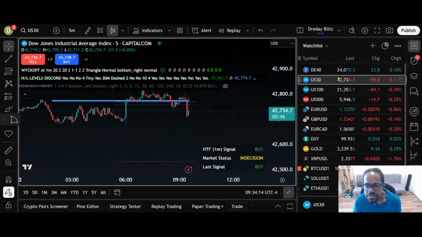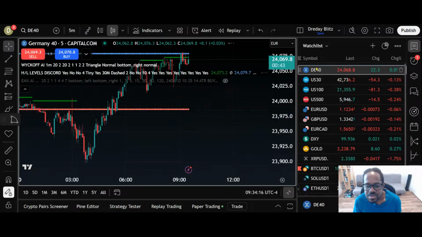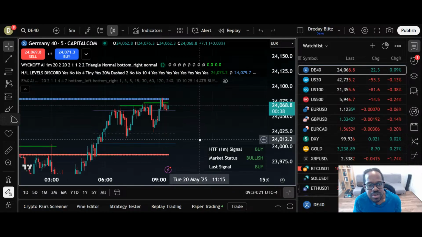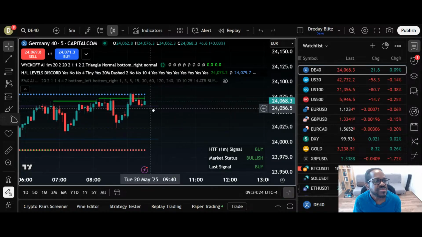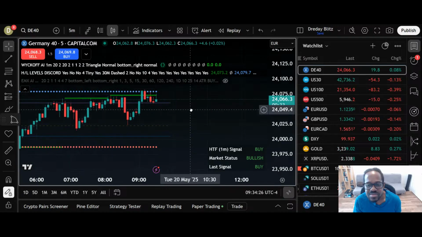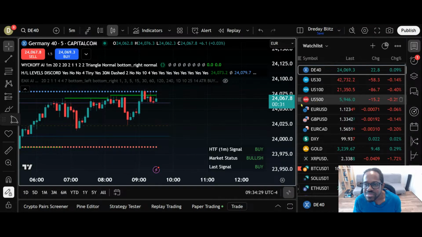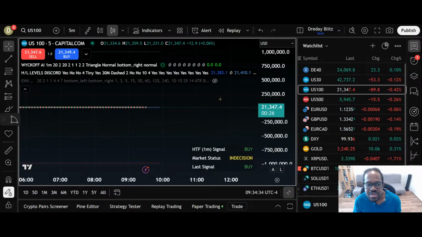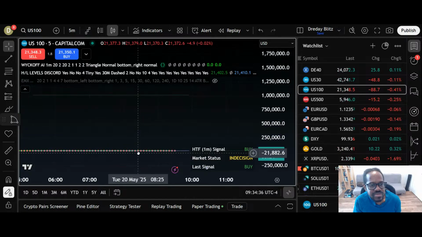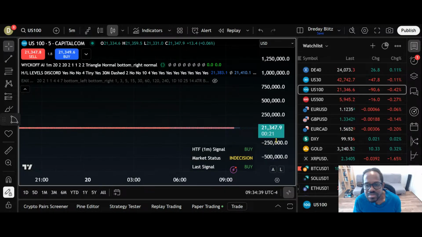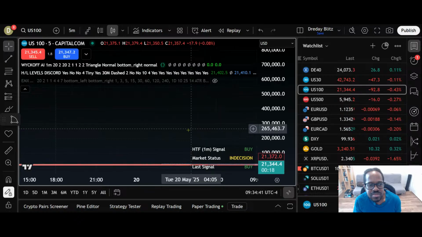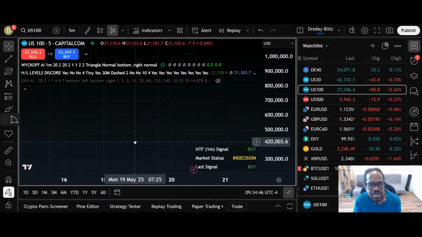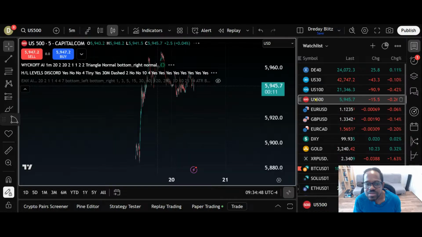Still in the indecision phase here. Still bullish here on German. We have indecision on NASDAQ. I don't know why it's doing that here.